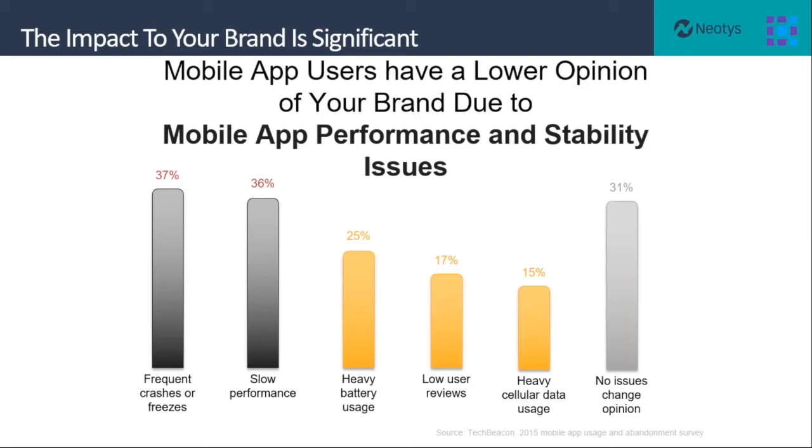Other things they are concerned about are battery usage, poor user reviews, and when the app uses an excessive amount of cellular data, causing them financial impact. So that gives you a good sense of how poor performance or an unstable app impacts your brand.